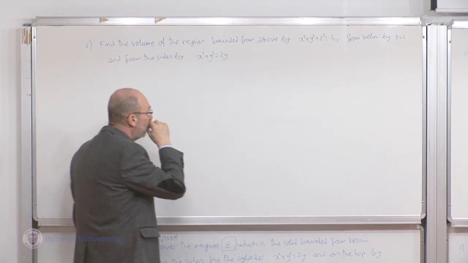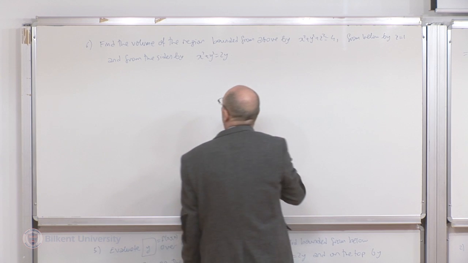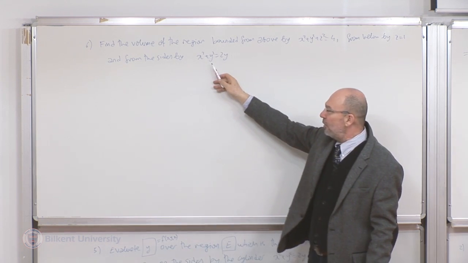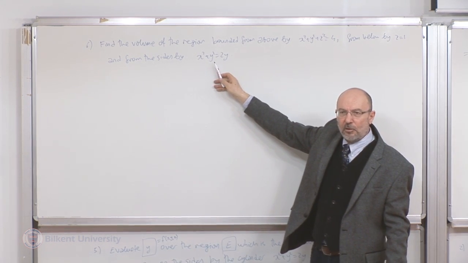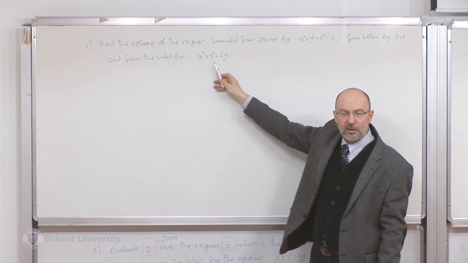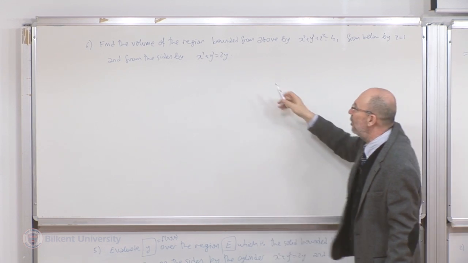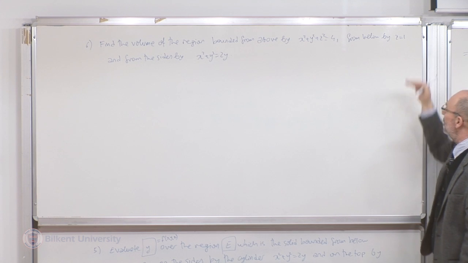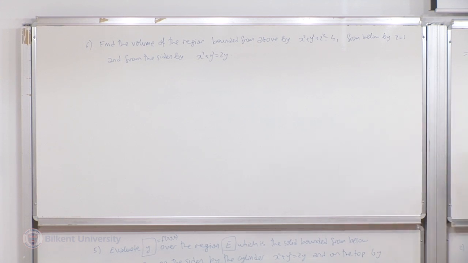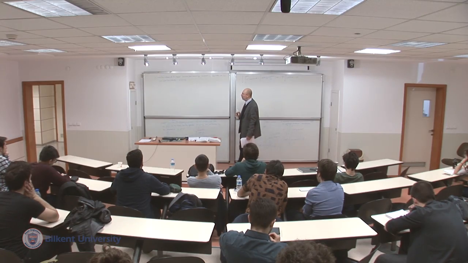Okay, let's draw this. You see, this is a cylindrical surface, so we will be looking at cylindrical coordinates. But the trick here is that when you cut this region by z equals 1, and you take the shadow down, the shadow has two different circles. Okay, so that's what we will pay attention to.